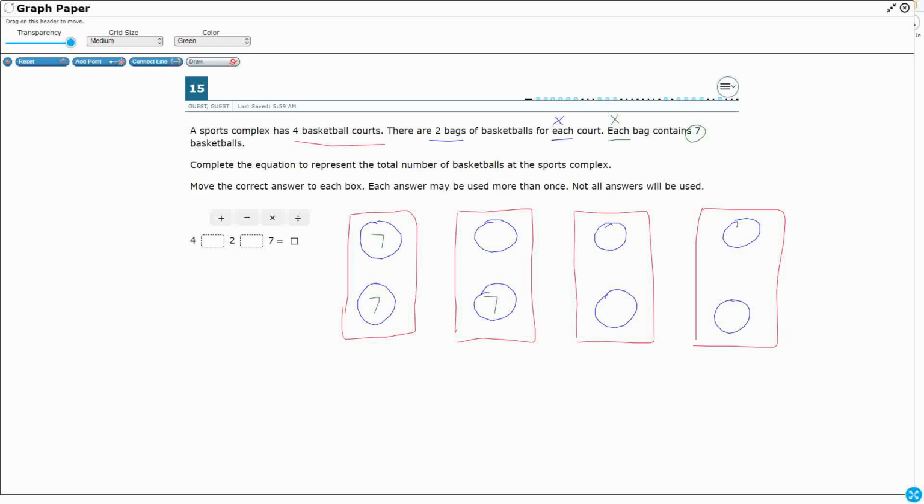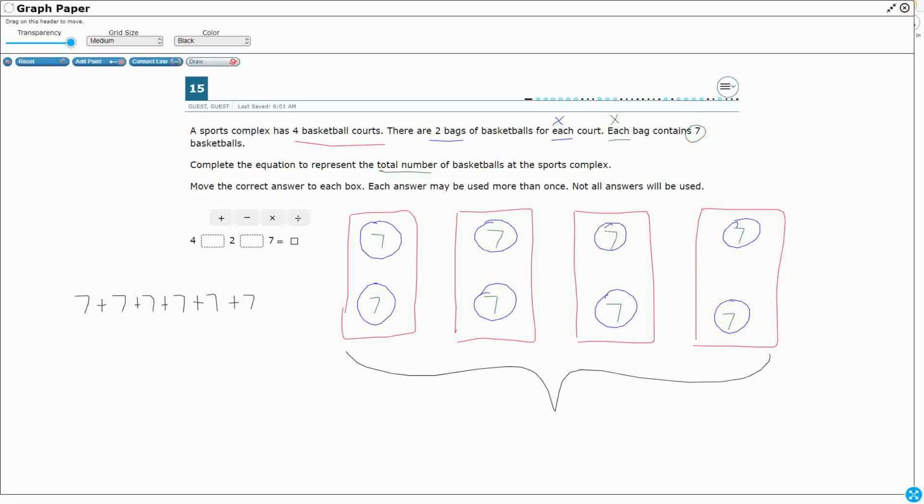All right, so let's see what we have here. I've got 8 sevens. Now, I need to complete this equation to represent the number of total basketballs. Well, if I wanted to, I could just skip count by sevens.